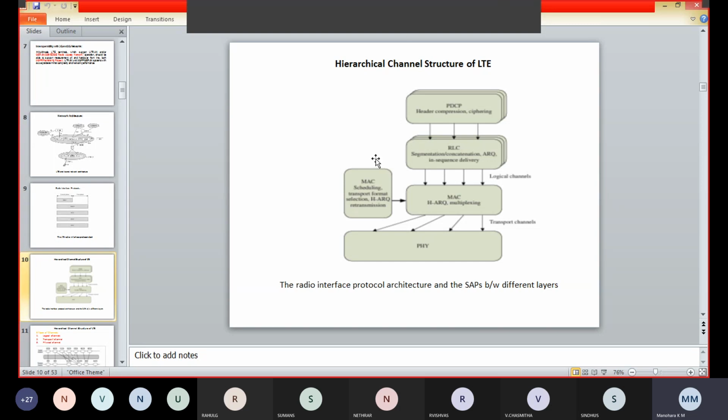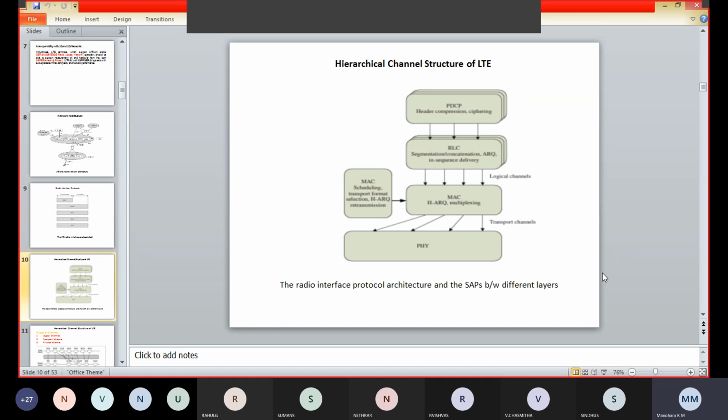Next we have the multicast control channel, that is MCCH. MCCH is a point to multipoint downlink channel used for transmitting control information to the user equipments in the cell. It is only used by user equipments that receive multicast and broadcast services.